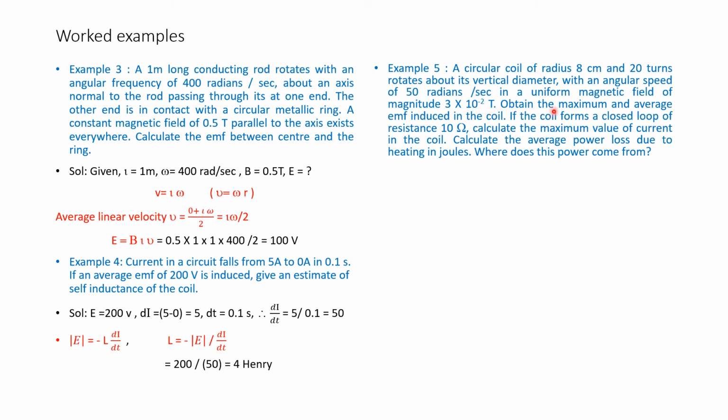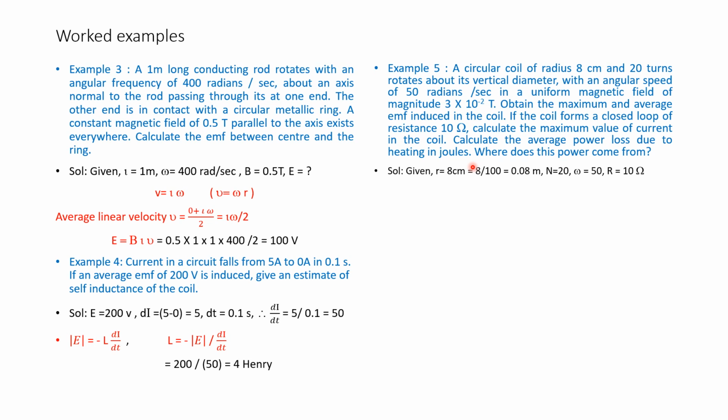Obtain the maximum and average EMF induced in the coil. If the coil forms a closed loop of resistance 10 ohms, calculate the maximum value of current in the coil. Calculate the average power loss due to heating in joules. Where does this power come from is the question.